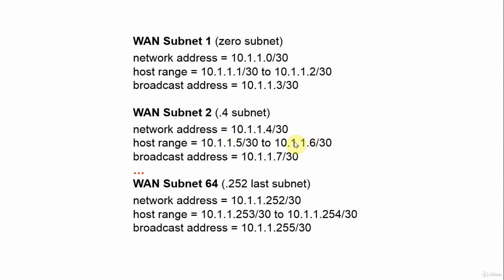Anytime you have a WAN link or any layer 3 link between two devices, you have to have them in the same subnet. You can't have them in different subnets. And 10.1.1.7 is the broadcast address, and it goes right up to 252, and then there's 253 and 254 available for assignment, and 255 is the end of the range.